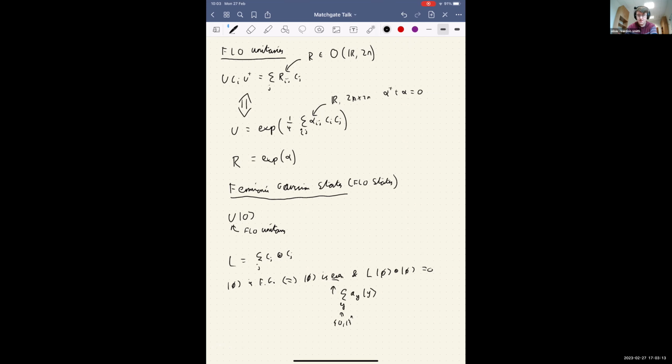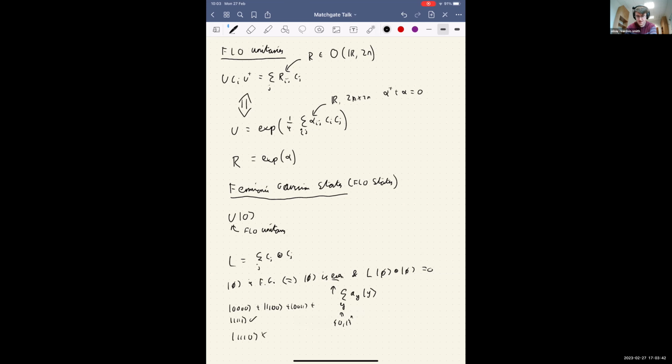For example, 0000 plus 1100 plus 0011 plus 1111 is even, but 1110 is not even because it has an odd number of ones in it. This is even, this is not even. Okay.